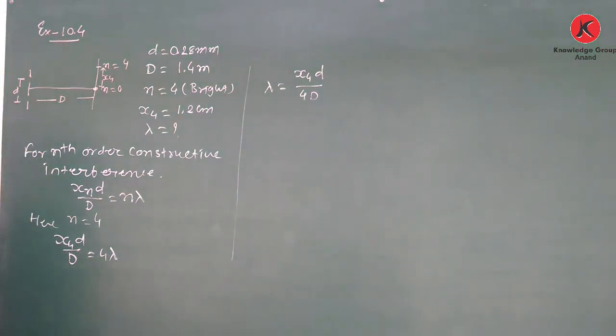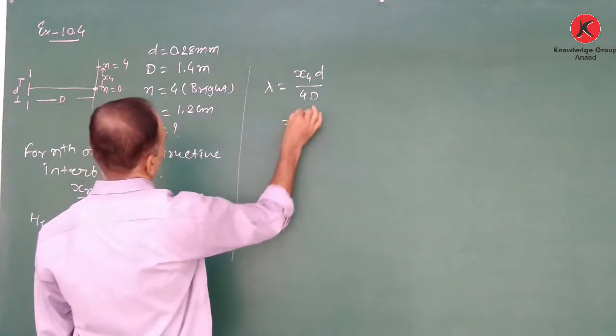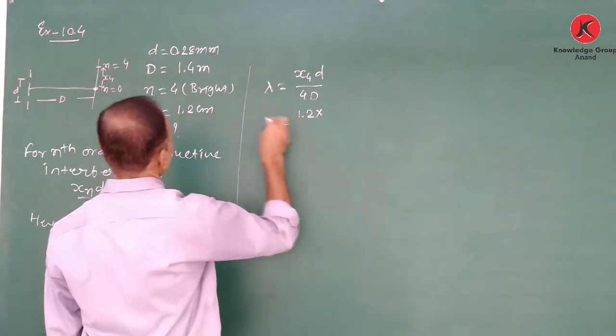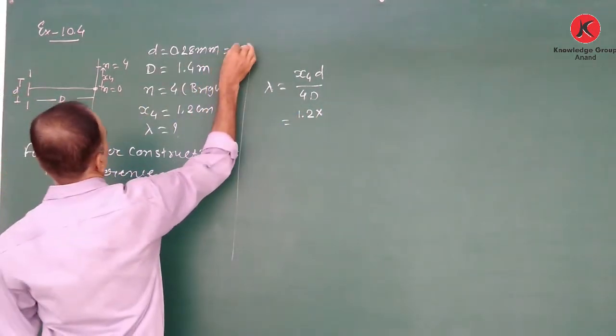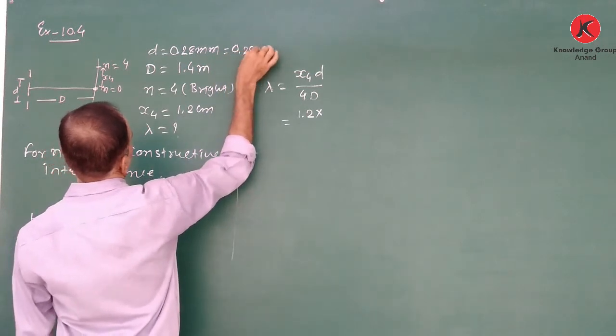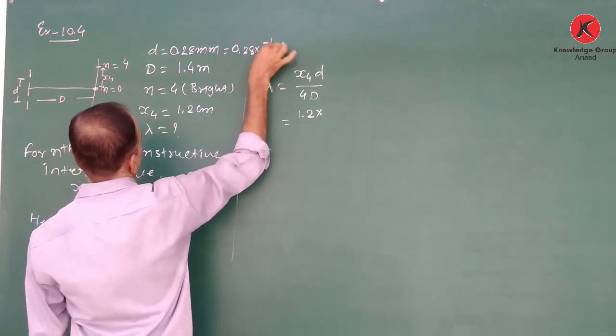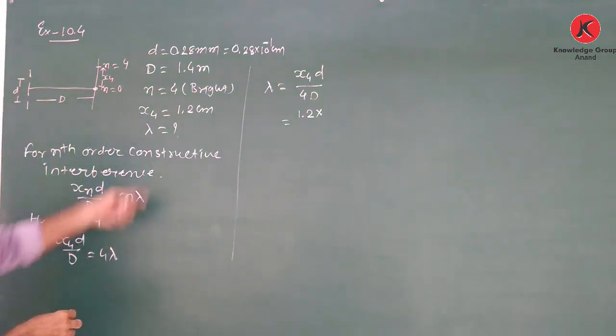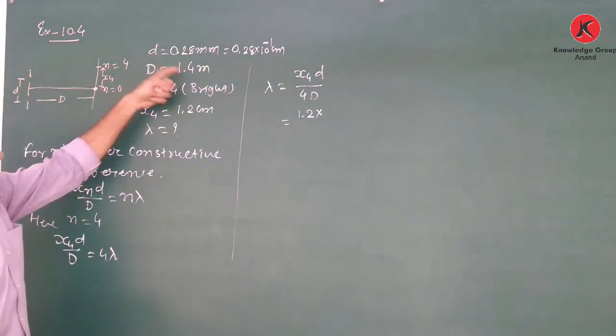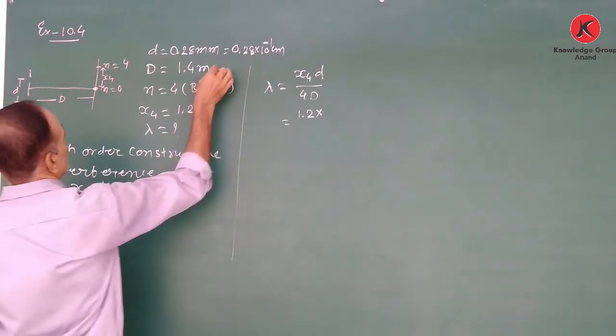Substitute the value x4 as 1.2 centimeter. Now d is given in millimeter; convert it into centimeter. Therefore, 0.28 into 10⁻¹ centimeter. In a similar way, D is given as 1.4 meter; convert it into centimeter.